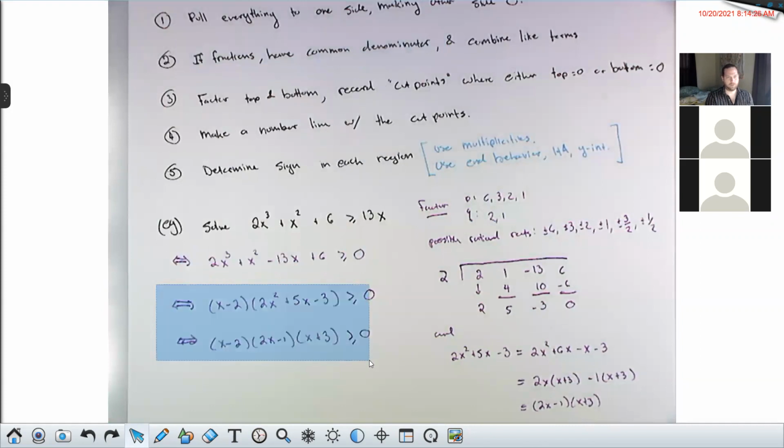Then we factored everything. We need to write down these cut points, the places where this polynomial or this function here can change sign. Those come from these factors. So it's 2, 1/2, and negative 3.